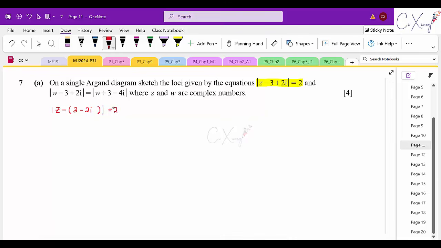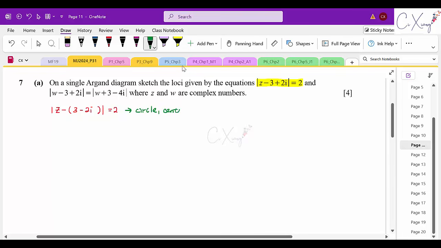When you have this pattern of locus equation, basically it is a circle. You should know that it is a circle with the center at 3 and negative 2, the complex number that we have, and the radius is equal to 2.